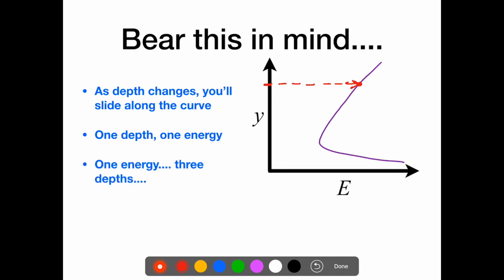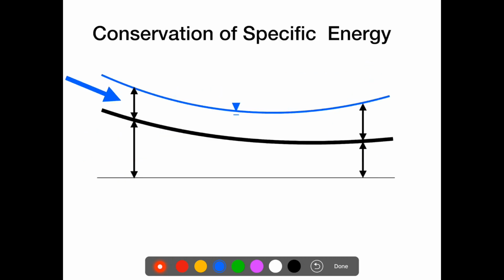On the flip side, if you have an energy, there's actually three possible depths that could have that same energy. So it's very confusing. If you knew some energy, you wouldn't know whether the correct depth was this one or this one. And then there's actually mathematically a third root. So it makes it very confusing in terms of going from energy to depth. Okay, so that's kind of why we use this diagram. You'll see how that works.